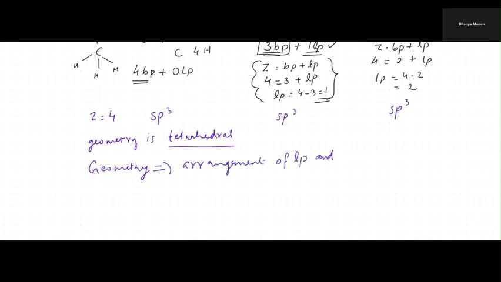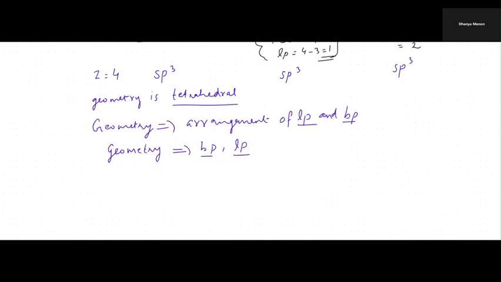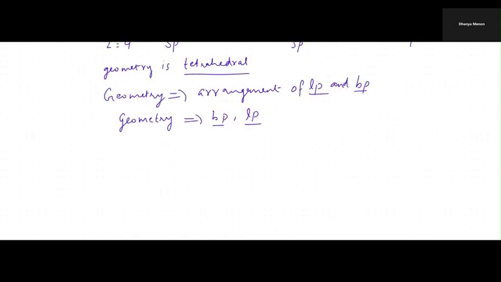So that means geometry depends on both bond pair and lone pair. So what is geometry? It is the arrangement of lone pair and the bond pair. And geometry depends upon both bond pair and lone pair. Okay, so all the three of them have tetrahedral geometry.